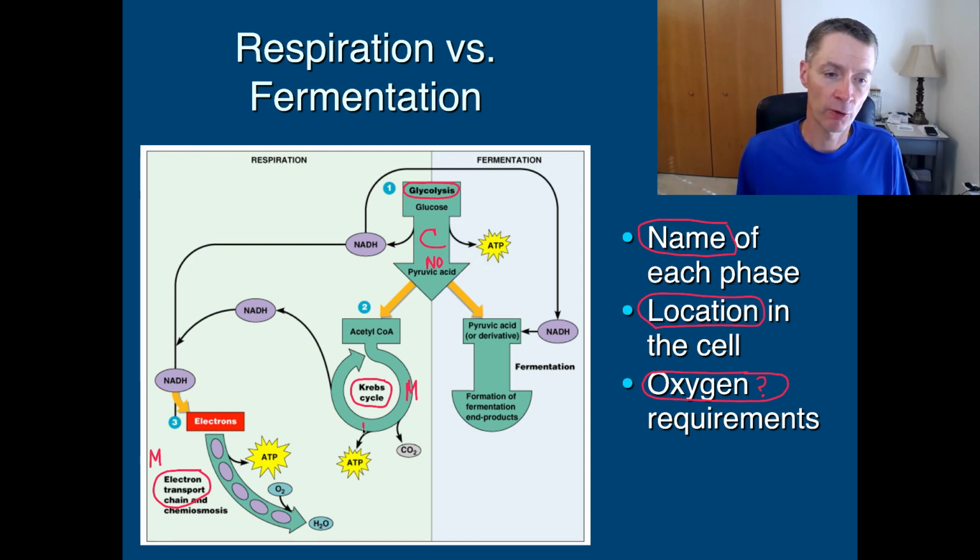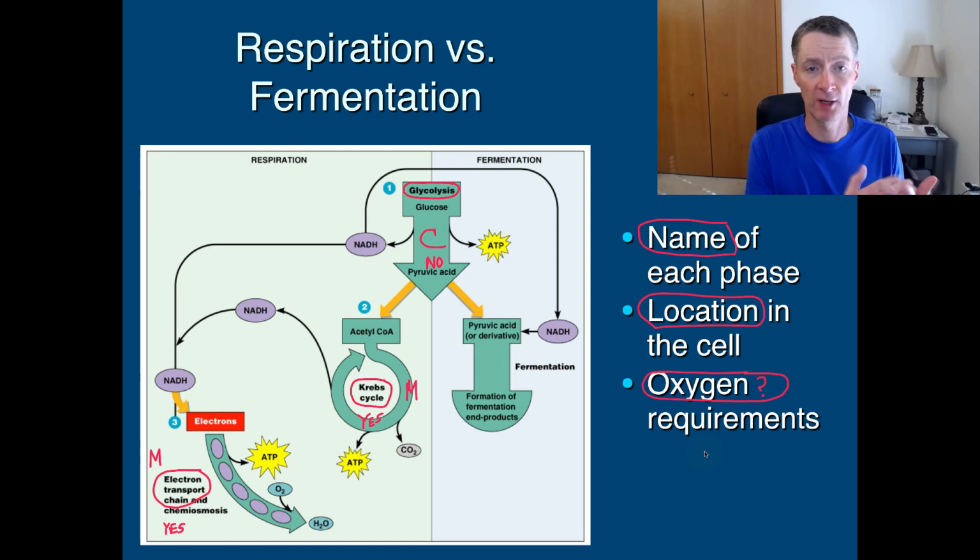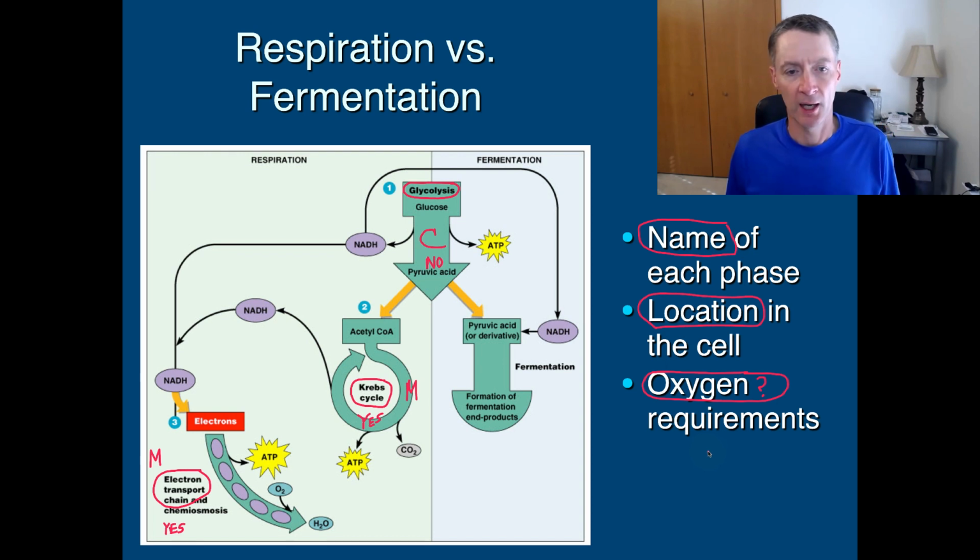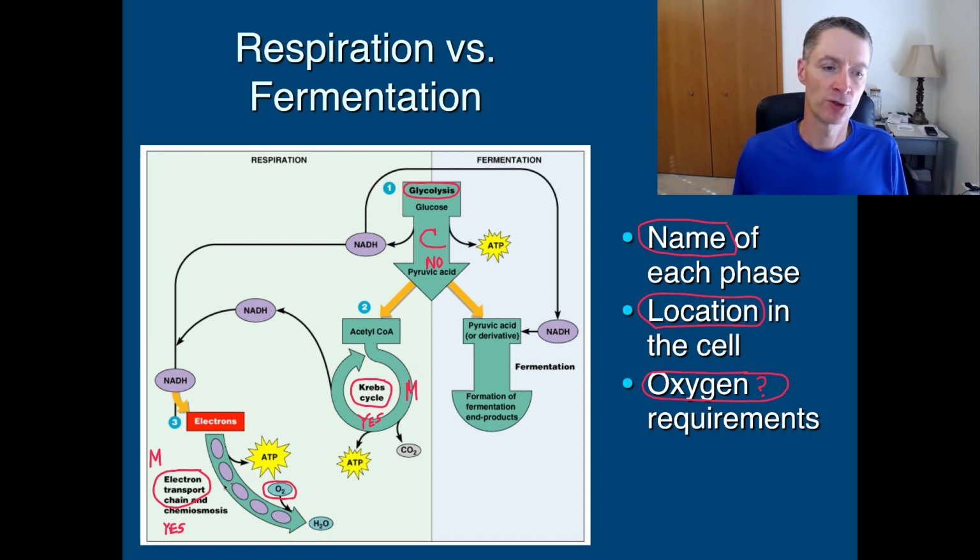But for Krebs cycle or the electron transport chain, yes indeed, we need oxygen to drive this process of oxidation, to drive this process of breaking bonds. We're oxidizing this glucose, and oxygen is definitely part of the process with aerobic respiration in these 2 parts of the respiration process.